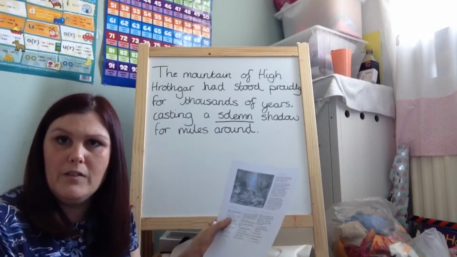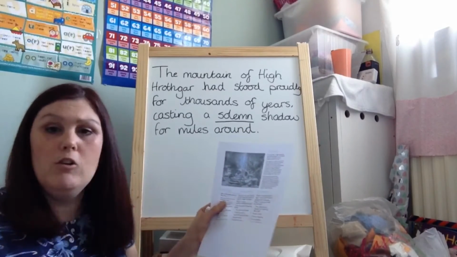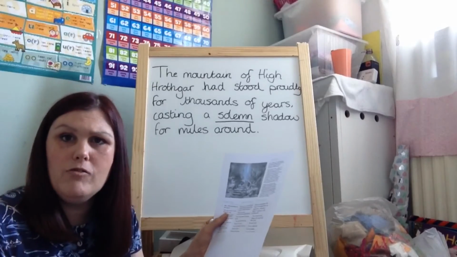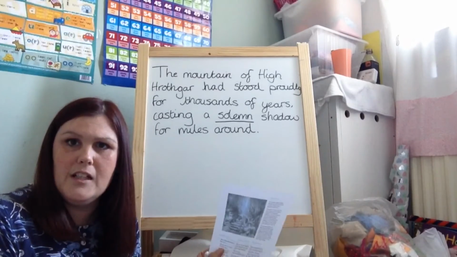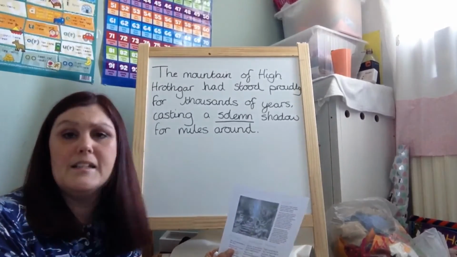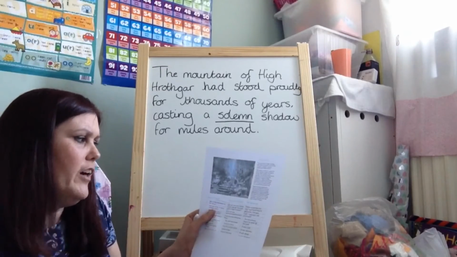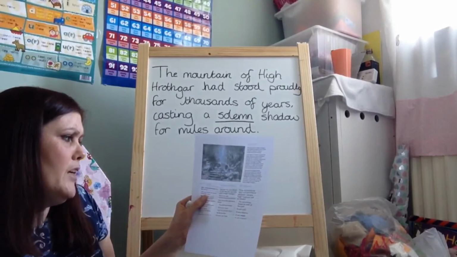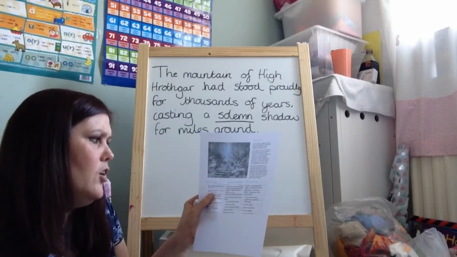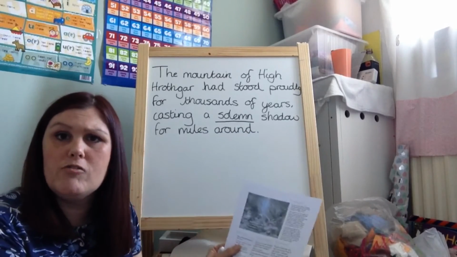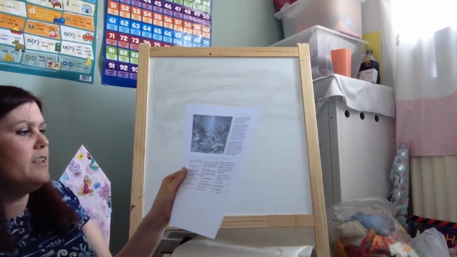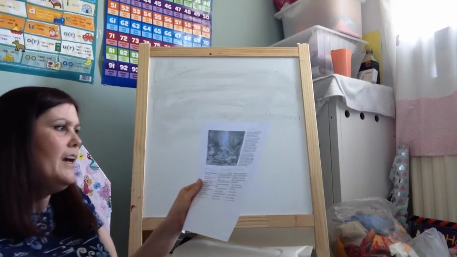Think about the following things. We're going to have a little look at one of these, and we're going to look at how we could write a sentence that includes an adjective to describe the things that you might see. If you were the adventurer who was climbing up the mountain to High Hrothgar, what might you see and how would you describe what you could see? So we're just going to focus today on the path, the wind and the trees.